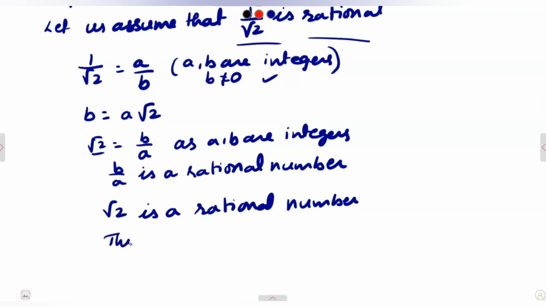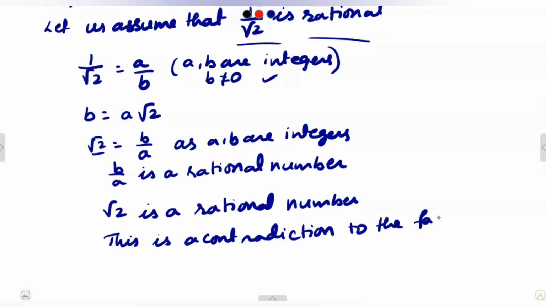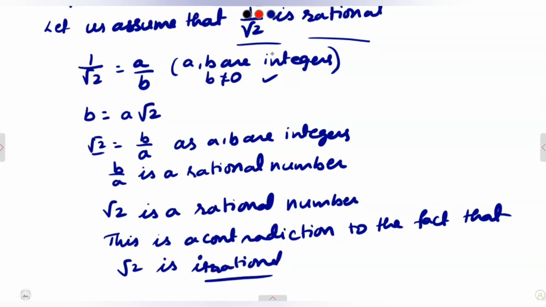So this is a contradiction to the fact that root 2 is irrational. This contradiction arises due to our starting assumption itself.